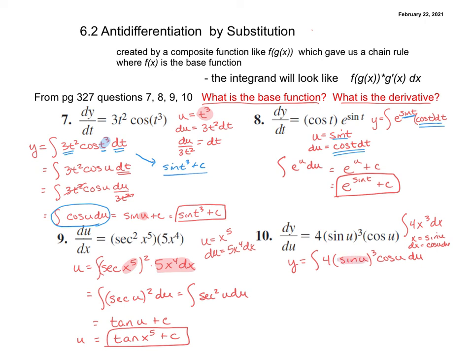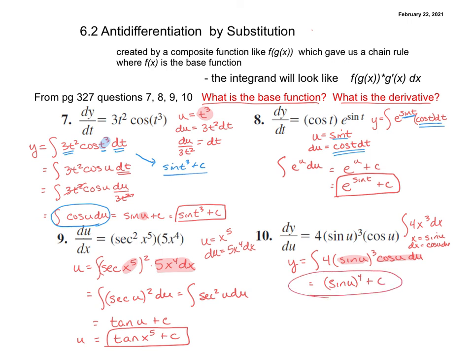Here is your x, and right there's your dx. So all it is is a simple little polynomial. And the antiderivative is pretty simple. You know it's just going to be x to the 4th, so for this problem, this is just going to be the sine of u to the 4th plus c.